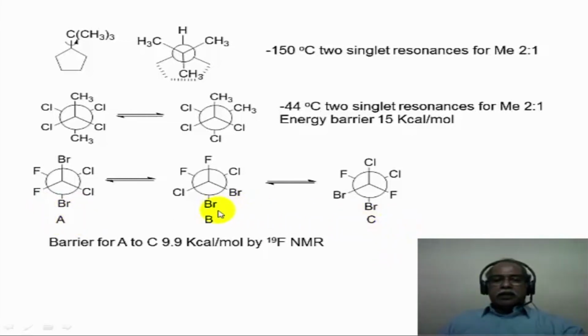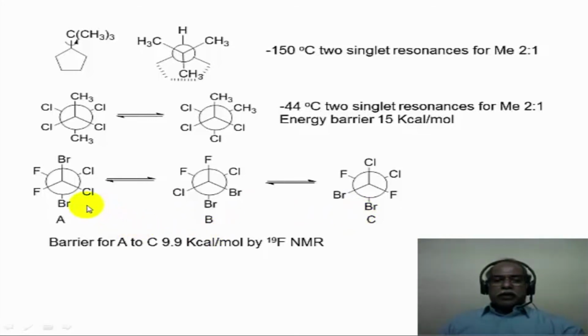Conformations B and C are going to be the least stable, of which C is going to be the least stable, because the two bulky bromine groups and the two chlorine groups, which are also bulky in comparison to the two fluorines, are close together. This will be the least preferred conformation and A will be the most preferred conformation. The barrier to go from A to C has been calculated using fluorine NMR spectroscopy.